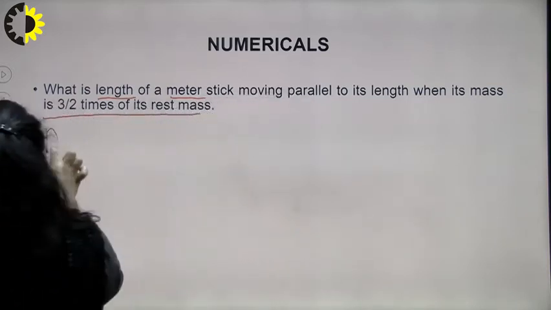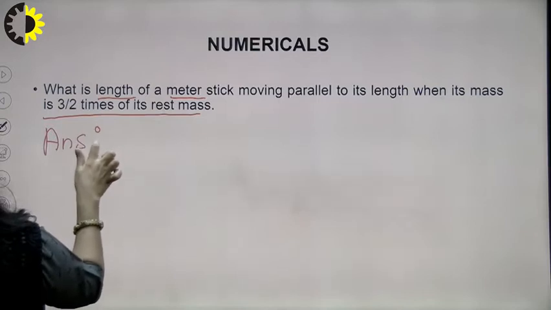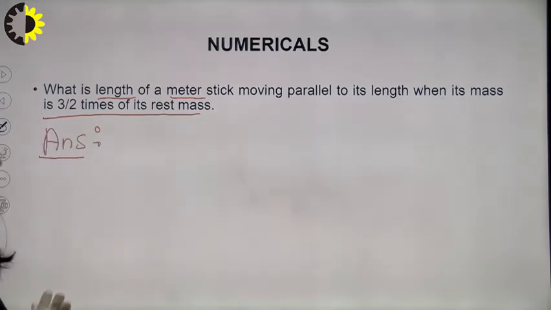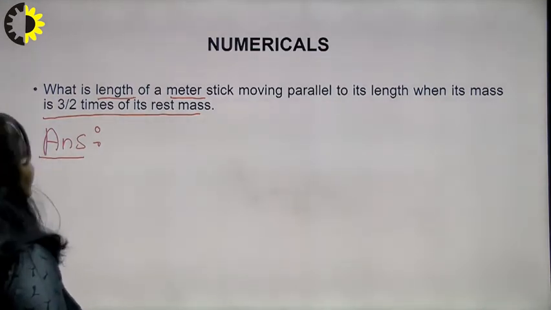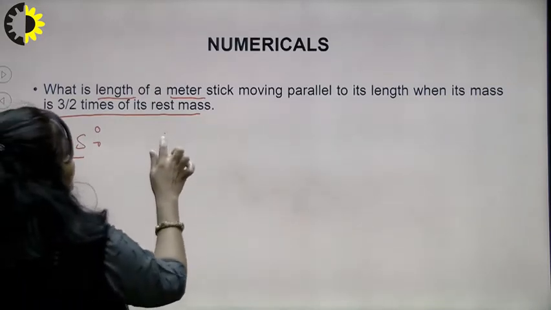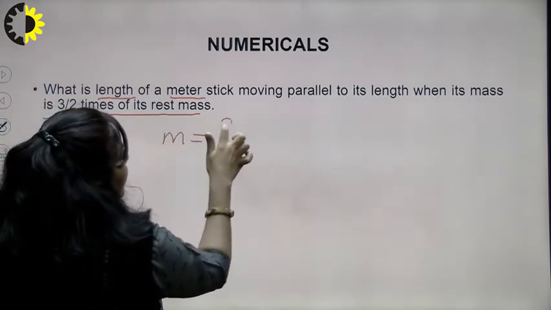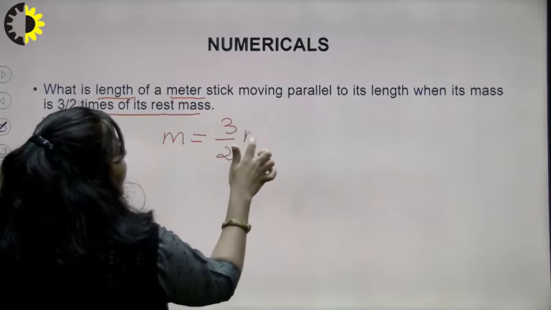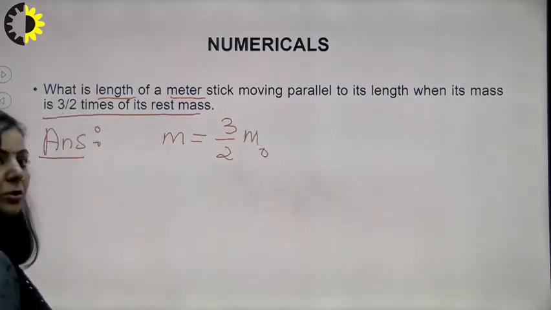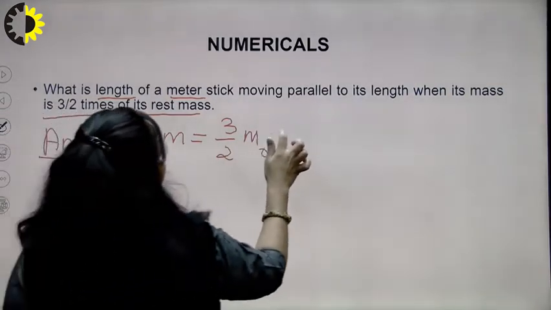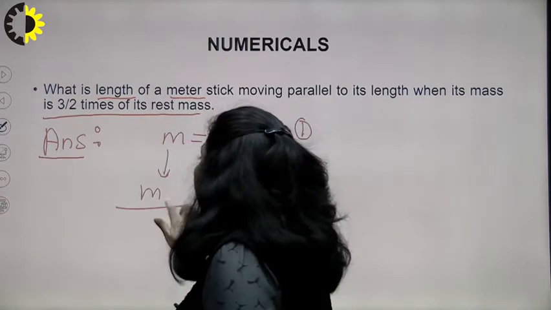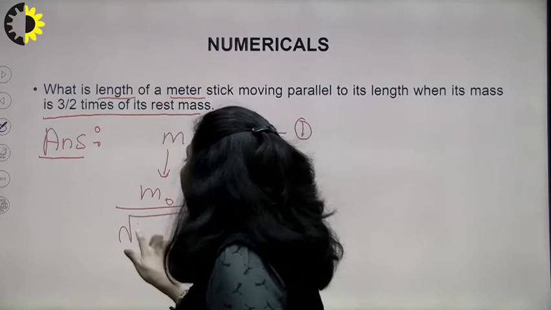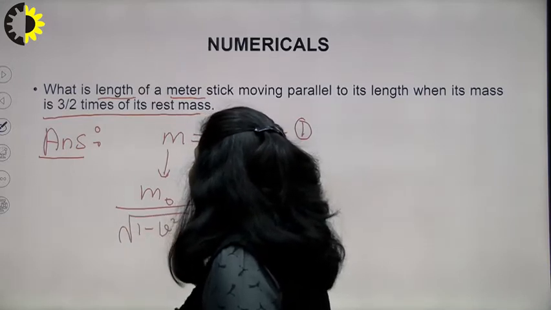So what is given in the question? It is given that m is equal to 3/2 times m naught. You also know that according to the relativistic mass formula, m is always m naught upon root 1 minus v square upon c square.